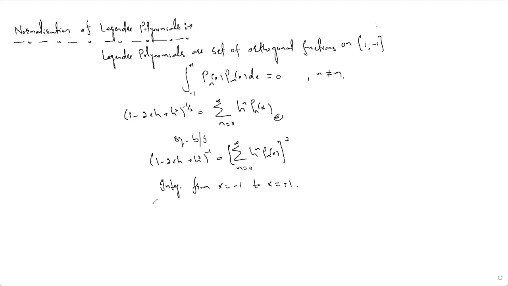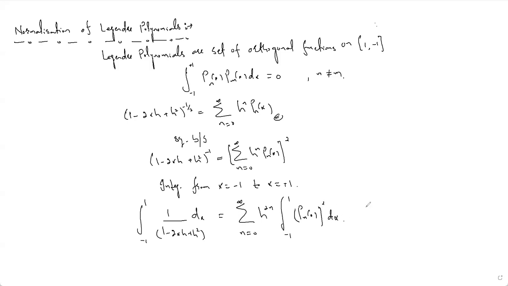So integrating this equation, I write the integral from -1 to +1 of 1 divided by (1 minus 2xh plus h square) dx, equal to the summation n from 0 to infinity of h raised to power 2n, since h is squared, times the integral from -1 to +1 of Pn of x whole square dx. You can name this equation 1.